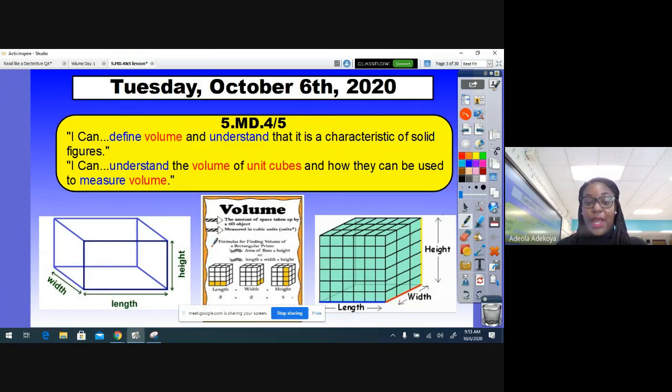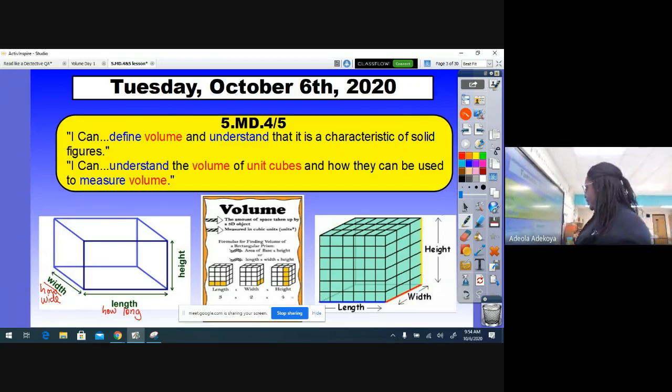We're also going to work on how to measure volume. In order to figure out the volume of a three-dimensional object, we need to figure out the width, which is how wide, the length, which is how long, and the height, which is how high an object is.